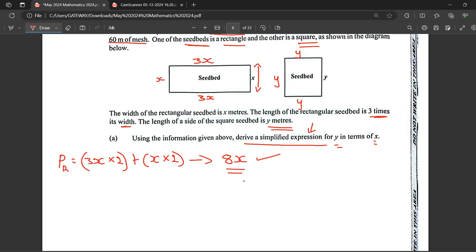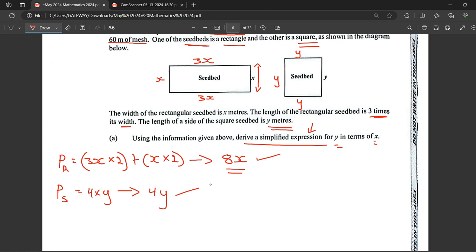Very important to note. Now the perimeter of the square will simply be, well, you have four sides that have equal length. So it would be 4 multiplied by y, which is simply 4y. Simple as that.